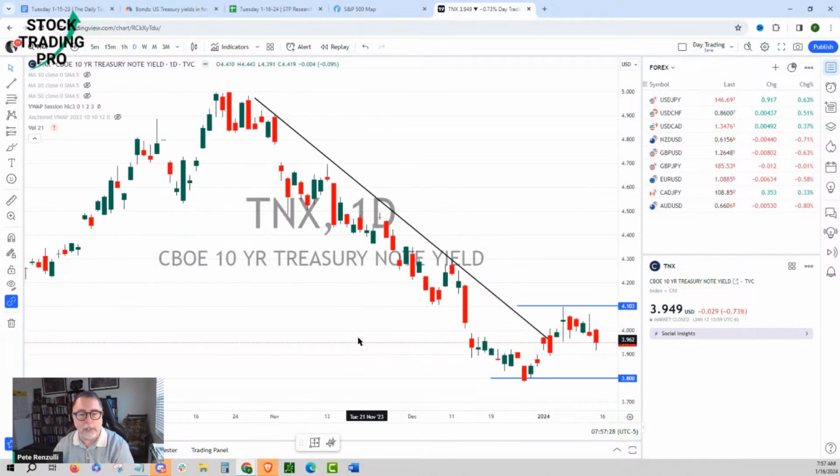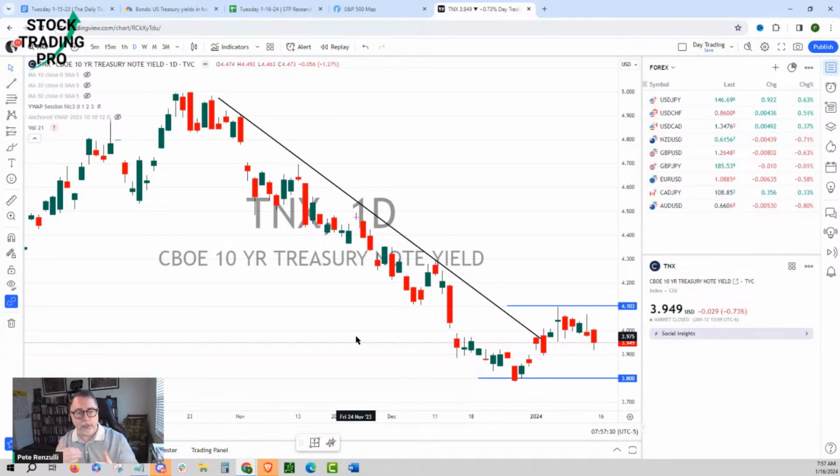Now you can see it's kind of stuck. If you understand how to draw trends, how to draw a box, how to draw accumulation or distribution, you can clearly see on this chart it's stuck. Until it gets above 4.1 or below 3.8, I'm looking at the 10-year as neutral right now.